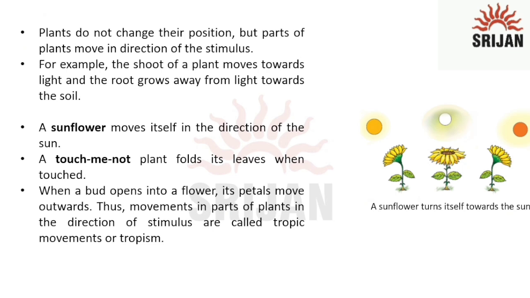Plants do not change their position, meaning locomotion is not seen, but movement is seen in plants. Parts of plants move in the direction of the stimulus. Stimulus means external disturbance.